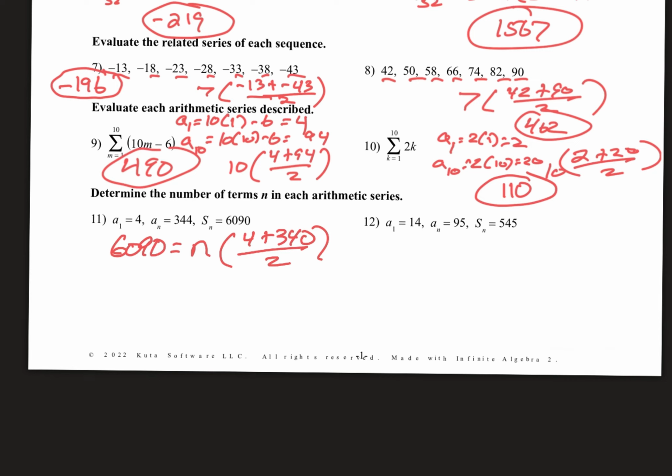So 4 plus 340 divided by 2 is 172. So 6090 is equal to 172n. Divide 6,090 divided by 172. What did I do? 35?